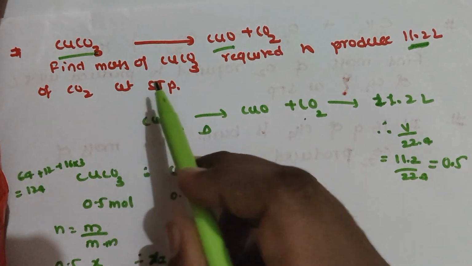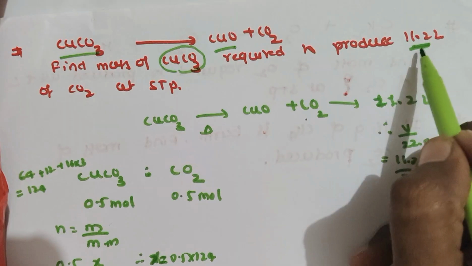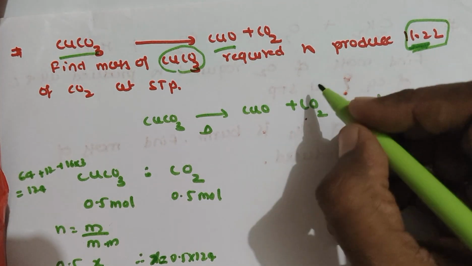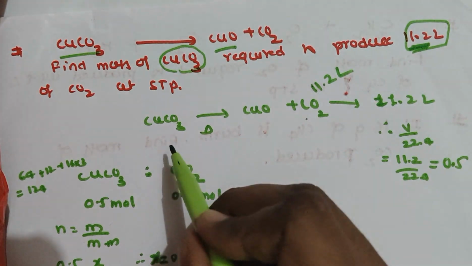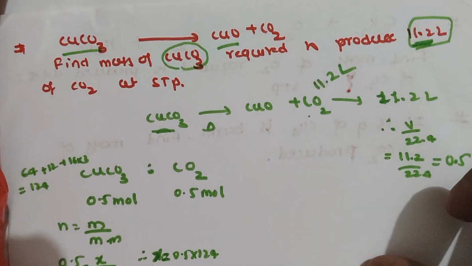Find the mass of CuCO3 required to produce 11.2 liter of CO2 at STP. They have given the volume of CO2, 11.2 liter, and they ask the mass of CuCO3, which means this is a volume and mass relation.